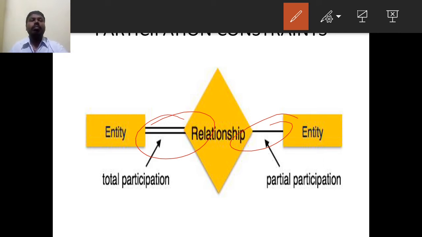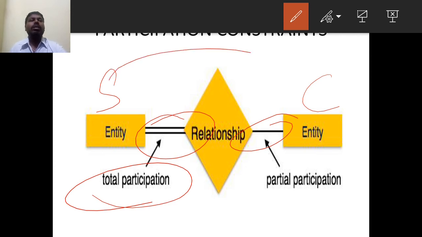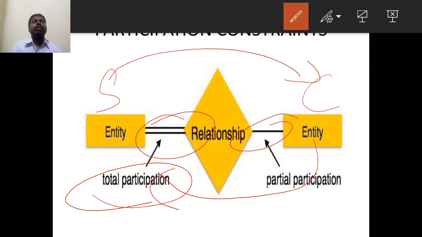We will take the same diagram, student and course. If we say total participation, it means all the students should have enrolled in some course. Understand? Any one course, all the students must enroll in a course. Partial participation means the course may or may not have students.